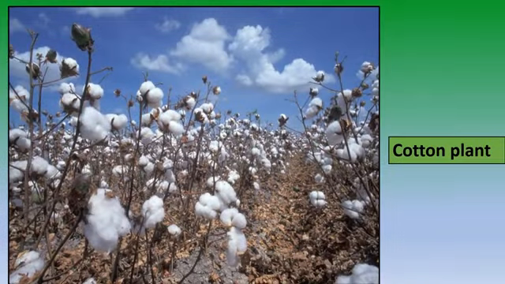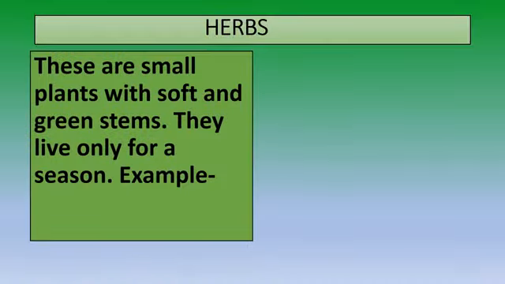Cotton plant. This is also an example of a shrub. So children, I'm sure you all know about shrubs now. Now let's learn about the other type of small plants known as herbs. So what are herbs? These are small plants with soft and green stems.